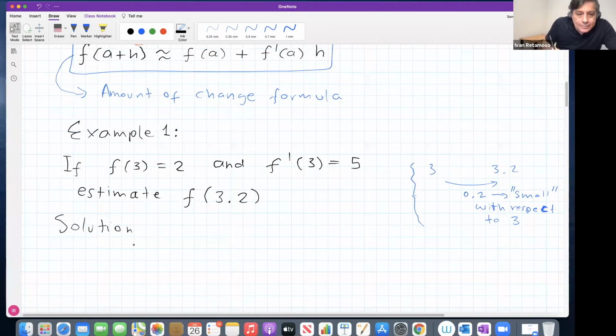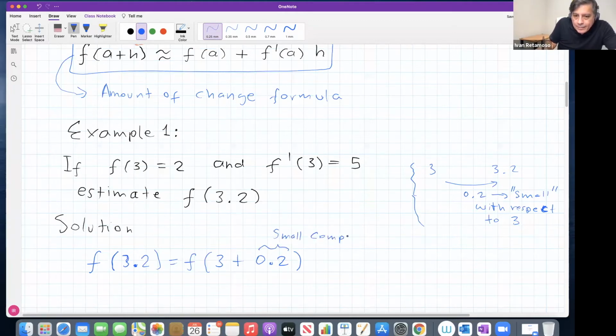So when I compute f evaluated at 3.2, I write this 3.2 as a sum of 3 plus 0.2, and this guy we know is small compared to the number 3.